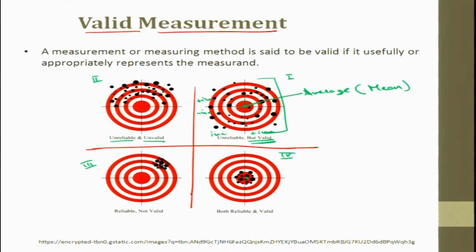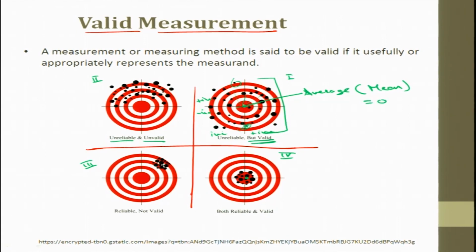This point would almost cancel this point. This point would cancel this point approximately. So overall, if I take positive and negative, the average mean would be 0. 0 means exactly at center.